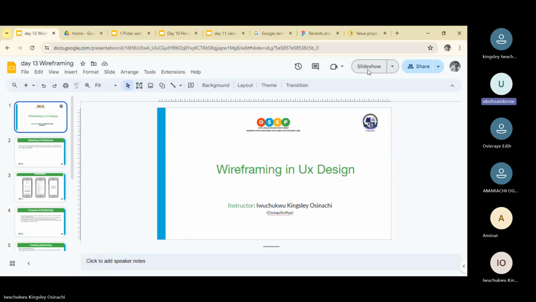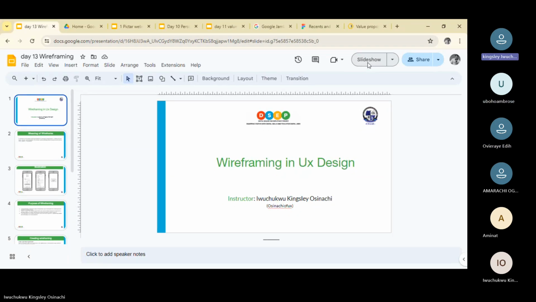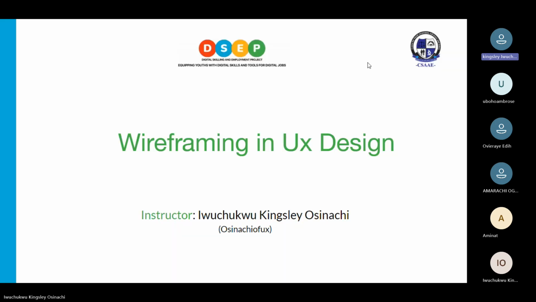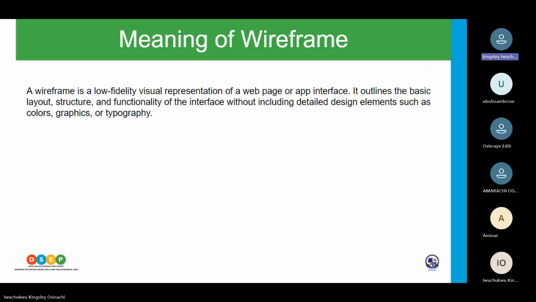Yes. Alright, okay. So today we'll be looking at wireframes, to know what a wireframe is and how it will be helping us as UX designers. A wireframe is a low fidelity visual representation of a web page or app interface.